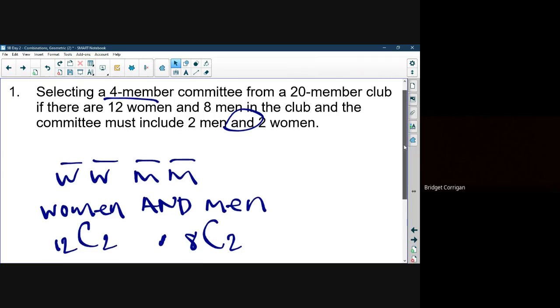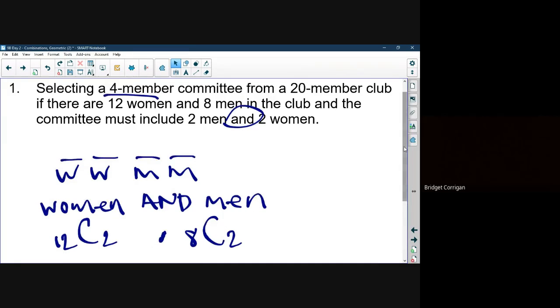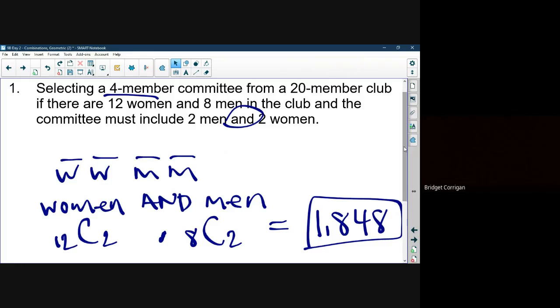So we have to do 12C2 times 8C2, and that will give us our total possible outcomes for selecting 4 members from 20, where there's 12 women, 8 men, and they have to be 2 of each. Okay, so you would just put that into your calculator, multiply it through. And when you do that, you should get 1,848. So check your work, make sure you're entering it in the appropriate way. That should be your final answer.